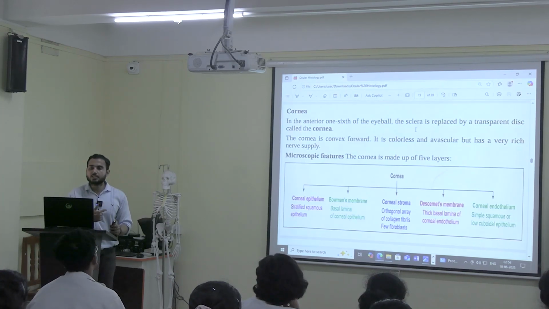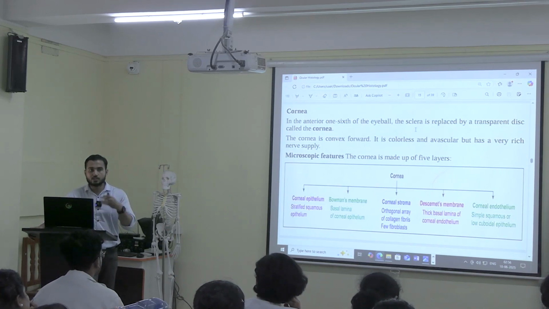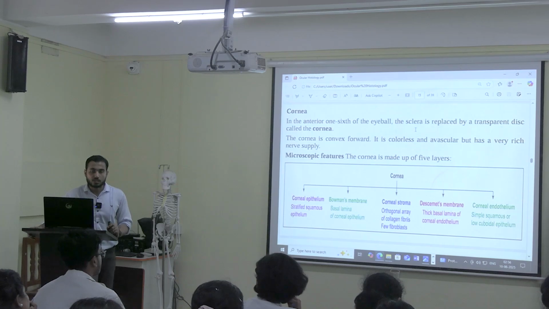Previously, we have seen that in the sclera the layers have blood vessels, for example in the episclera. But in the layers of the cornea, blood vessels are not present. It is avascular in nature, but it has a rich nerve supply. The cornea is rich in nerve supply, but it is avascular. Blood vessels are not there.